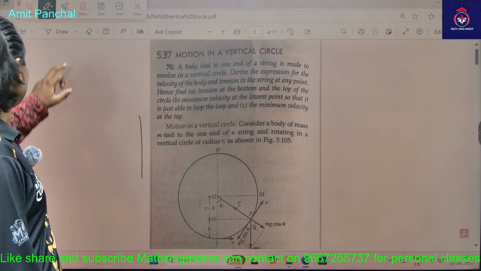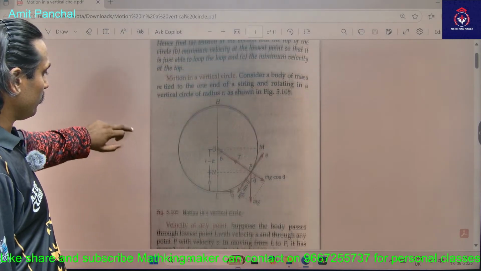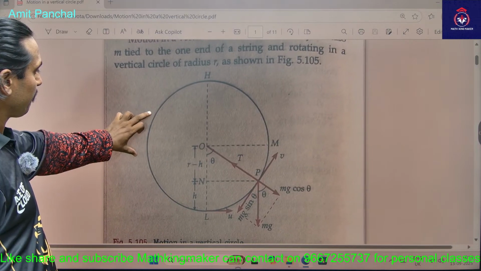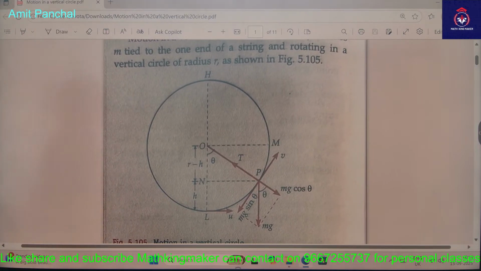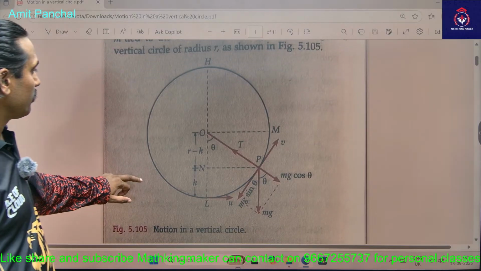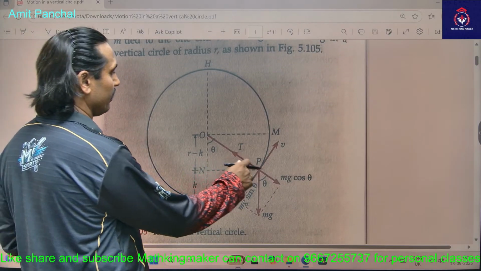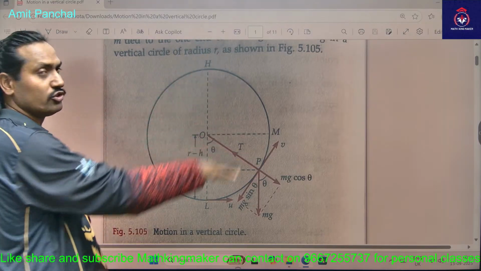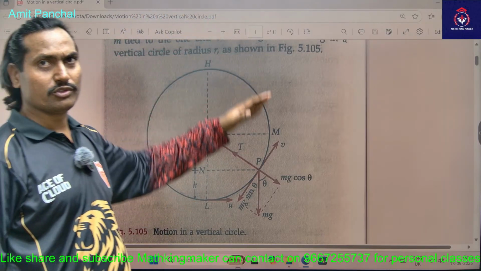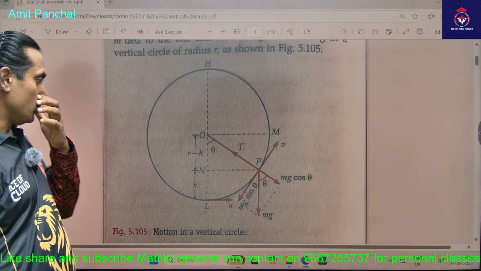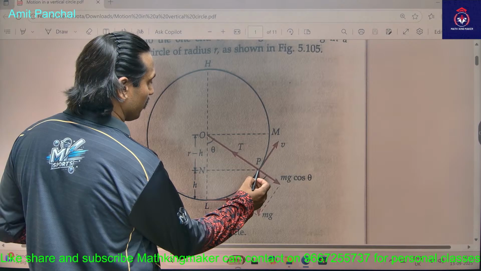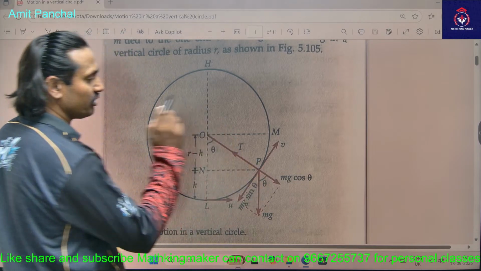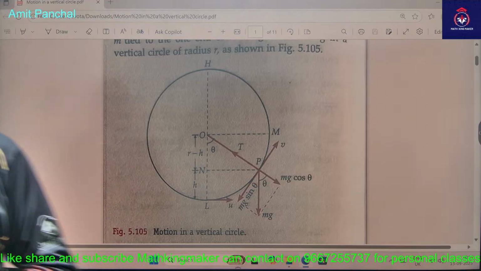Just focus here on this figure. Is that clearly visible? Yes. Okay, please be focused here. Let us say this body is tied and in motion, making a circular motion vertically. We are talking about this particular point P. At point P, how many forces will be there?